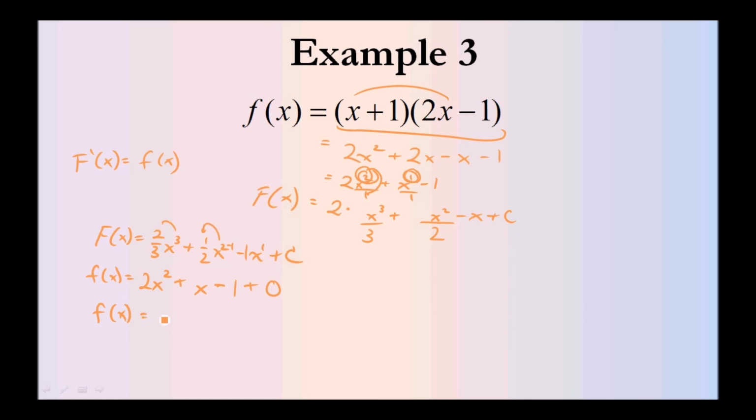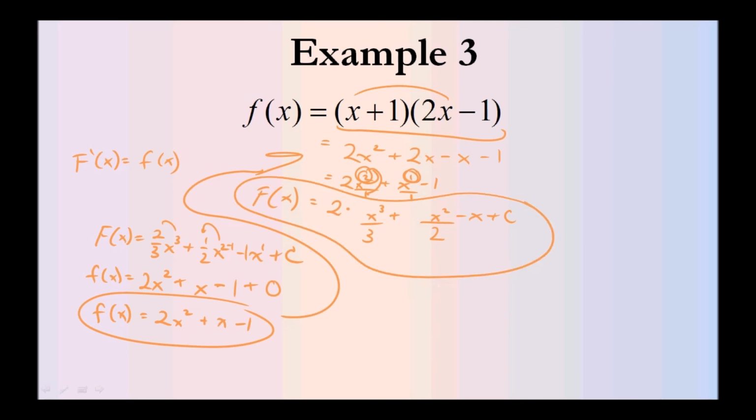Thus, f of x equals 2x squared plus x minus 1. This is equal to our simplified version of the function, and because of this, we can conclude that our antiderivative here is valid.